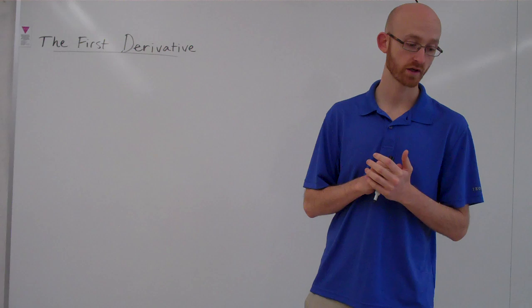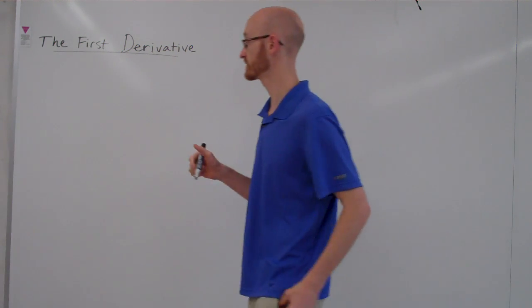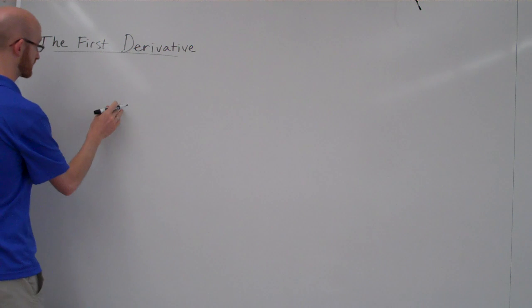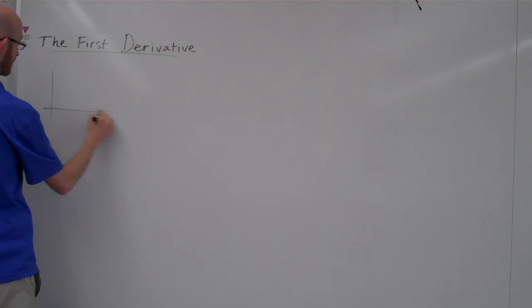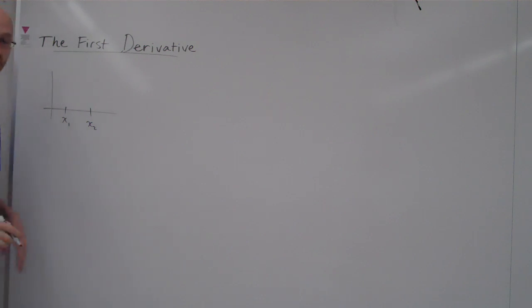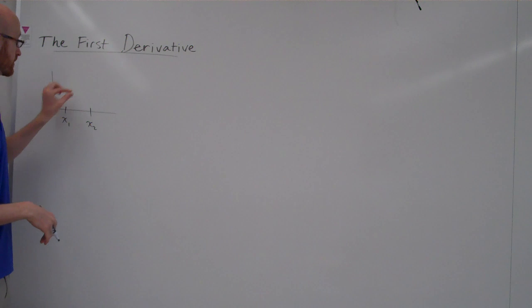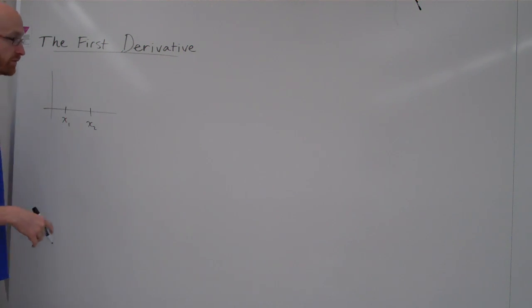So first is to rigorously define increasing and decreasing with two inputs, x sub 1 and x sub 2. If you think about a function that's increasing, it needs to go up from here to here, right? From the first input to the second input.